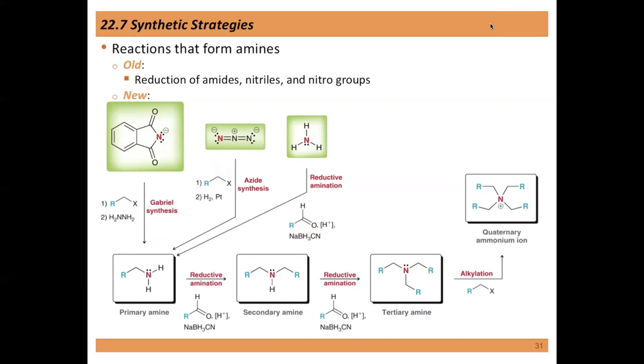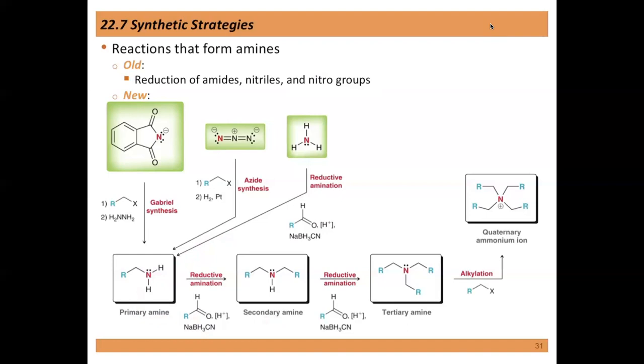The one that we tend to choose is the sodium cyanoborohydride. And from it, you can produce primary amines. If you happen to take a primary amine and a carbonyl and mix those together in the same conditions, you would get an imine that is reduced by the sodium cyanoborohydride to get you a secondary amine.